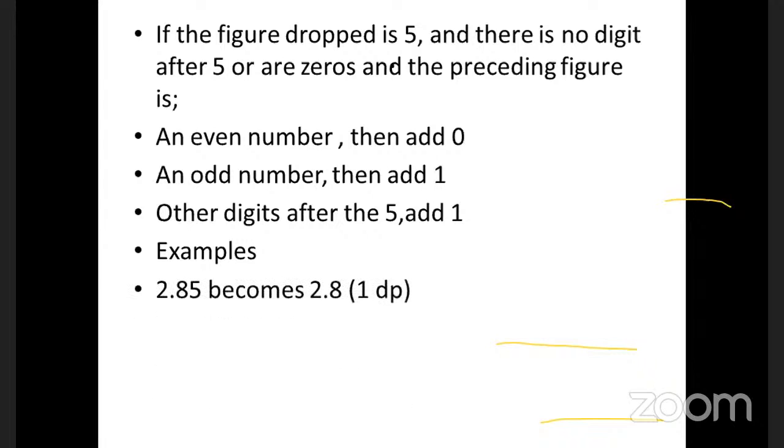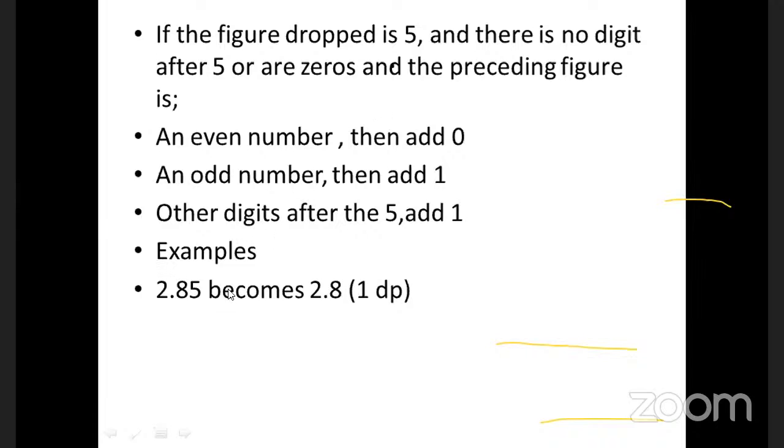So let's have the examples now. The first one is this. We are to round 2.85 to 1 decimal place. What is the preceding digit here? It's 8, which is an even number.